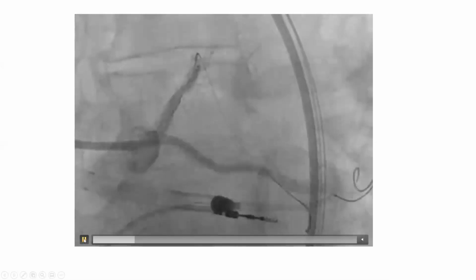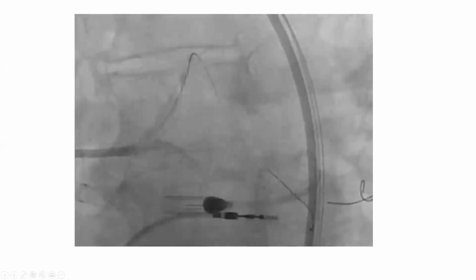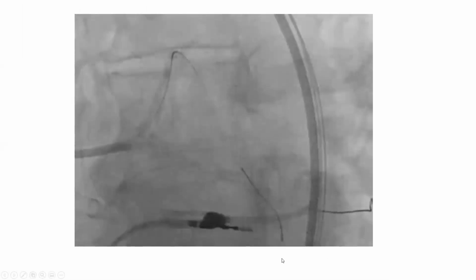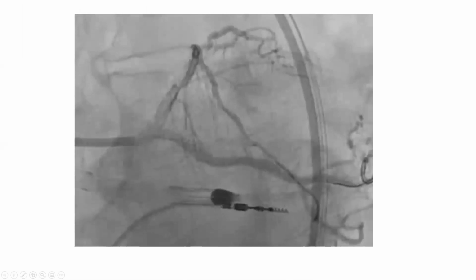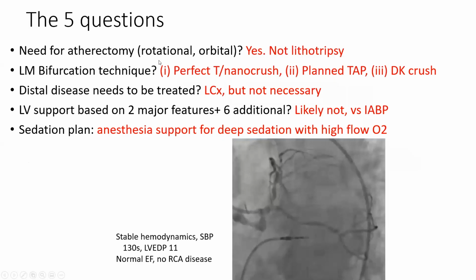But the toughest step, the lengthiest step, with the most hemodynamic effect was stenting the mid-circumflex. That's why planning those cases is very important. Think of how those questions interact. Needing support depended here on whether you wanted to treat the distal disease, and could have depended on whether I wanted to use decrush, or whether I wanted to keep my guide ventricularized off and on for a prolonged period.